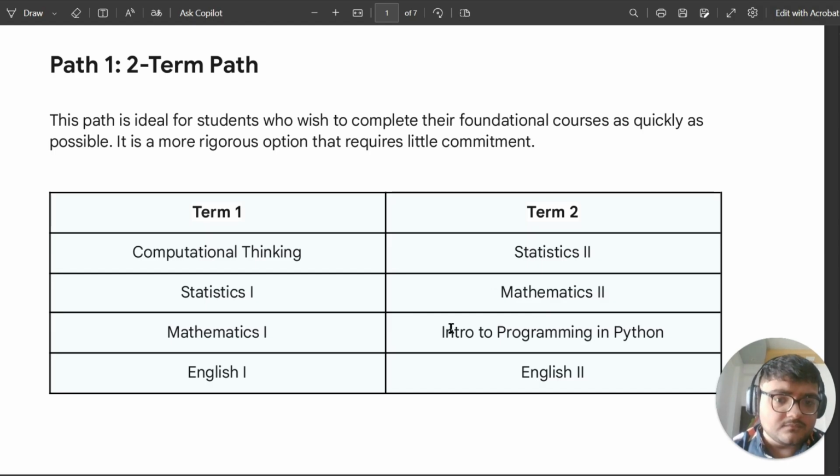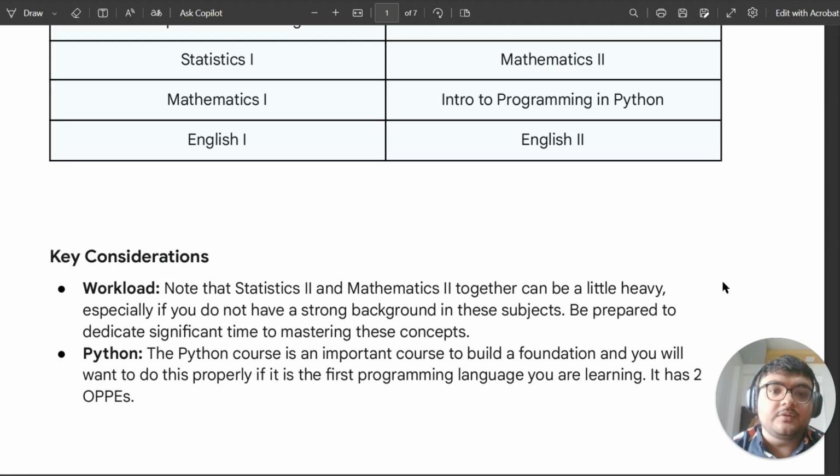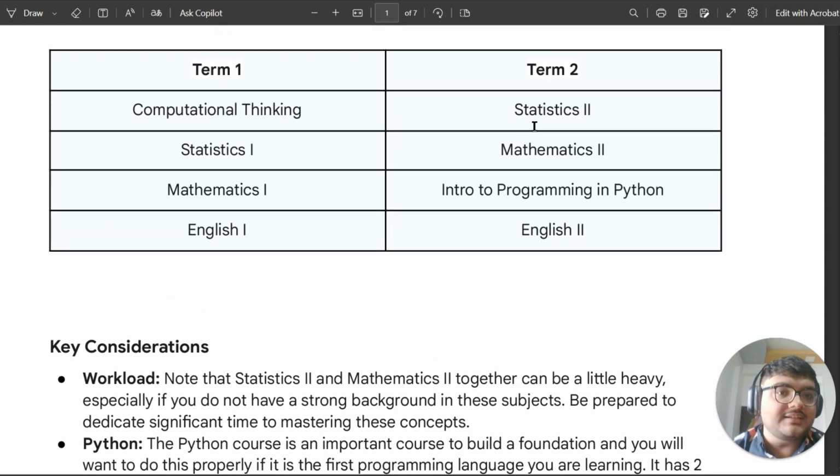But still, Python will have two OPPEs. Stats 2 itself you will have to give time, and Maths 2 is a co-requisite for Stats 2. Together they can be a little heavy, especially if you don't have a strong background in the subjects. Be prepared to dedicate significant time to mastering these concepts. Maths 2 and Stats 2 are important.